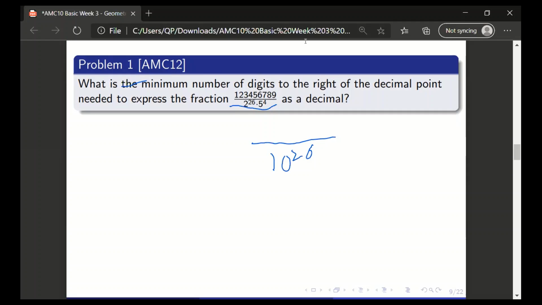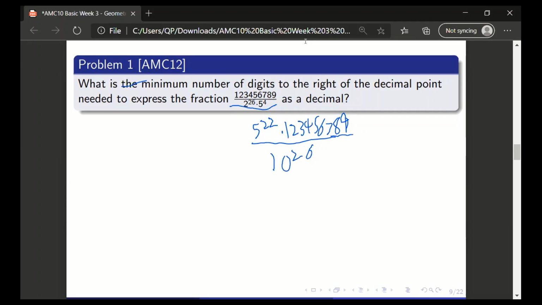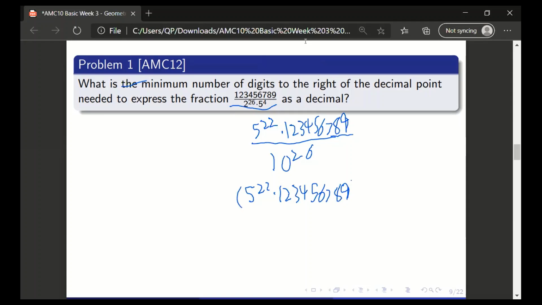And so that makes the denominator 10 to the 26, and the numerator becomes 5 to the 22 times 123456789. And so now you want to find the number of digits to the right of the decimal point of 5 to the 22 times 123456789 divided by 10 to the 26.